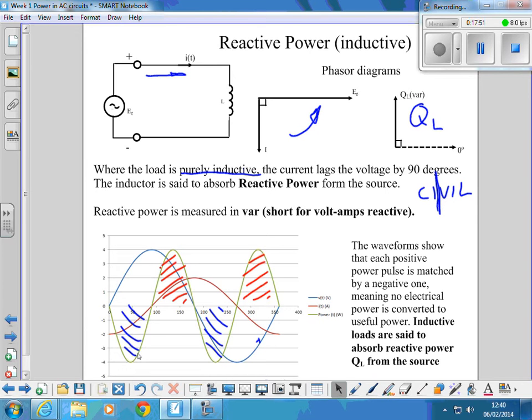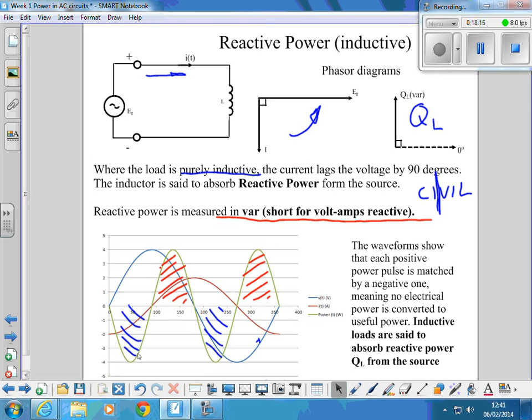Inductive loads are said to absorb reactive power, QL, from the source. So the general term is that they take a positive reactive power. Reactive power also, good point, is measured in VAR.